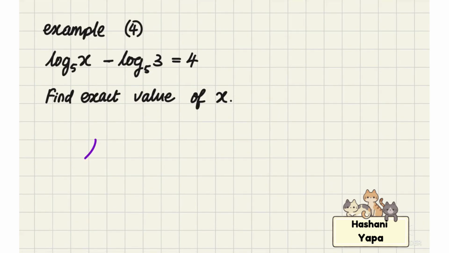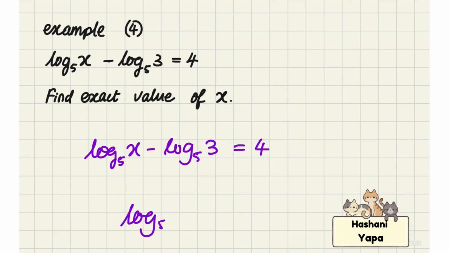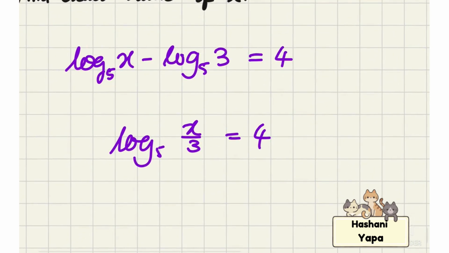We have log 5 x minus log 5 3 equals 4. You can see it's the same base. What can we do? You can see that it's subtraction, so it's division. So log 5 of x over 3 equals 4.